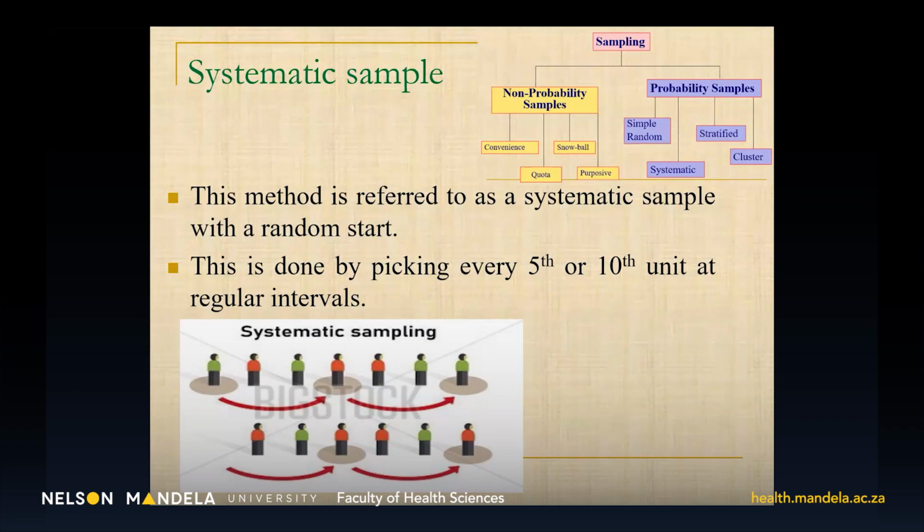So you can probably say, I'll pick the guy closest to the door, and then after that, I will take every third individual in the queue as they go into the bank and ask them what they feel about the service that they get from that particular bank.